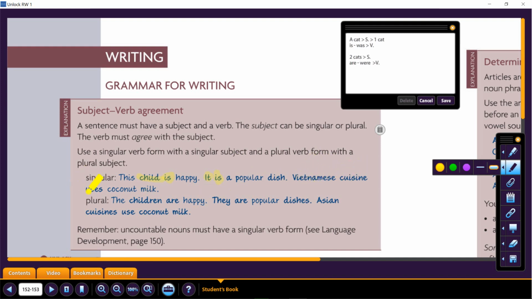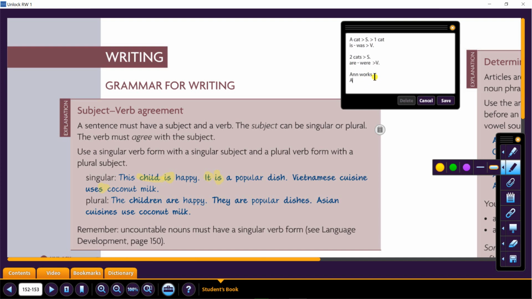Vietnamese cuisine uses, here we have the third singular S. Do you remember it? When we use S with singular, like for example, by saying Ann works. Do you remember this?